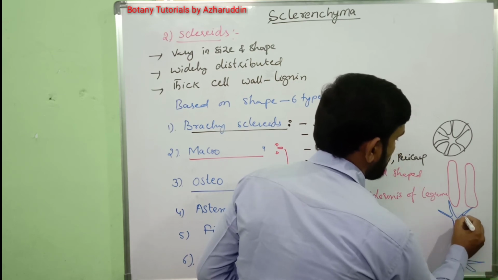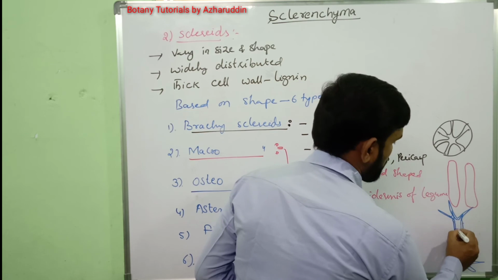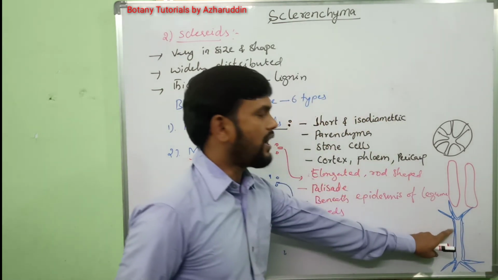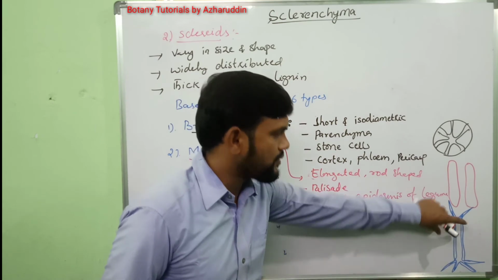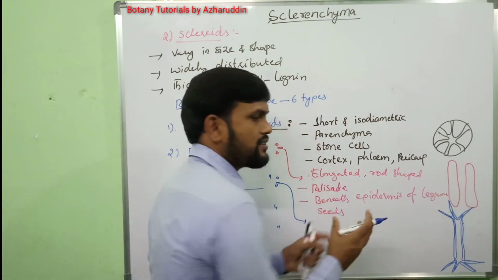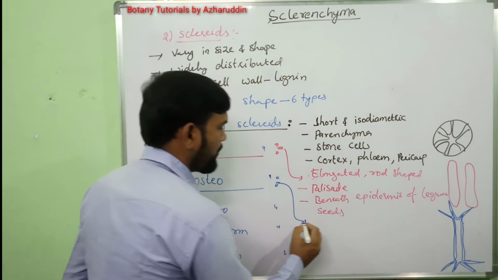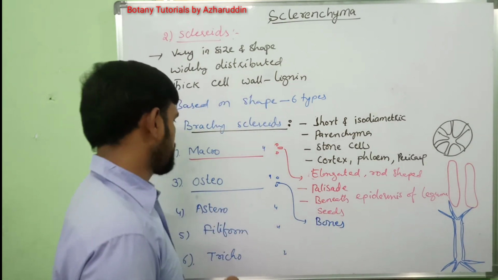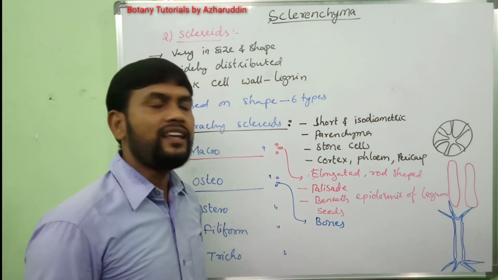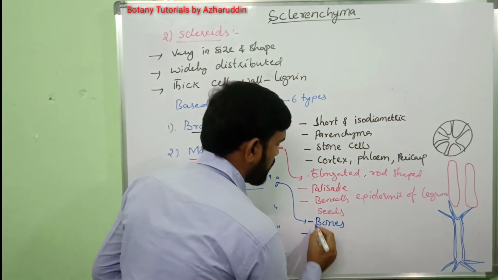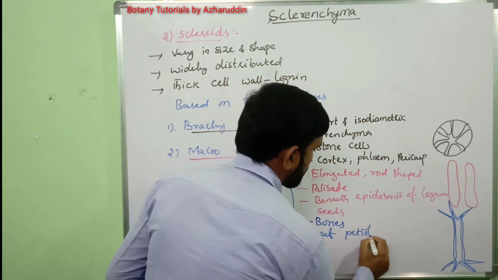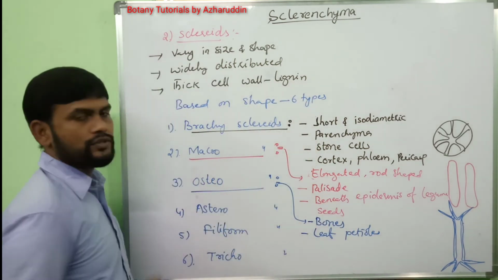This is the lignin deposition. Their ends are bulged and they appear like bones, and they are found in leaf petioles. This is about osteosclereids.